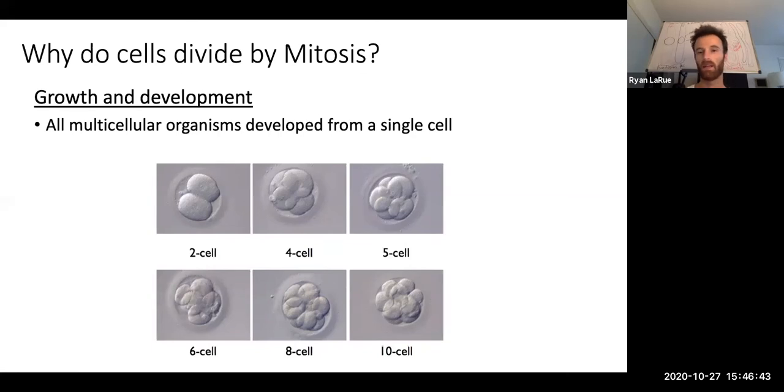I won't be writing on the board for these few slides. One of the most striking reasons why an organism would divide by mitosis is growth and development.